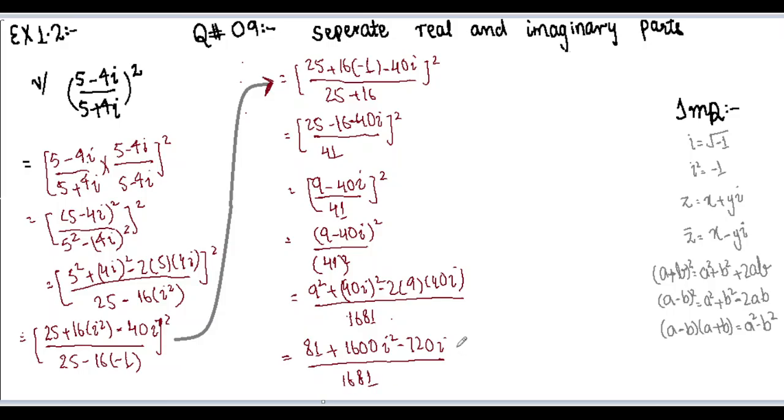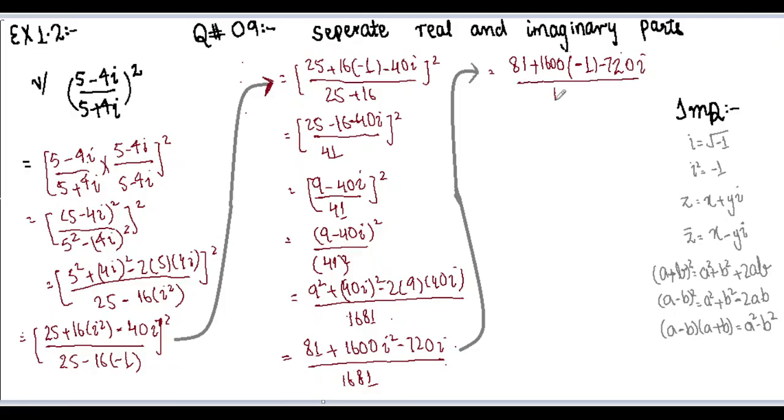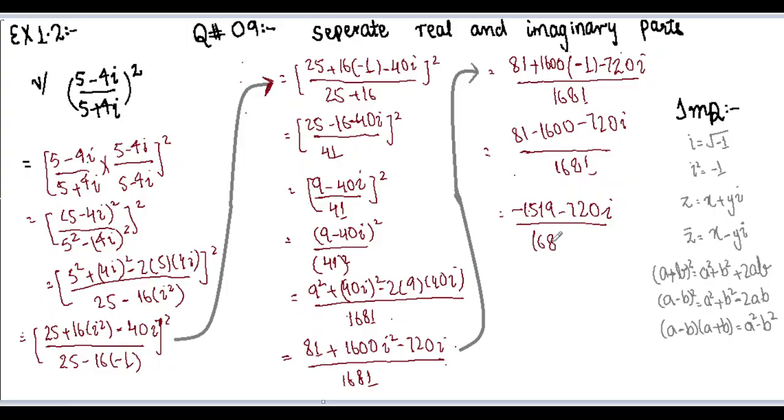So moving towards the next step, equals to 81 plus 1600 into iota square gives us minus 1 minus 720 iota whole divided by 1681 equals 81 minus 1600 minus 720 iota whole divided by 1681 equals 81 minus 1600 gives minus 1519 minus 720 iota whole divided by 1681.